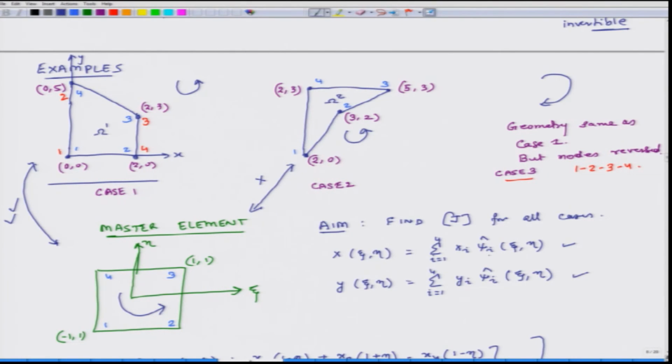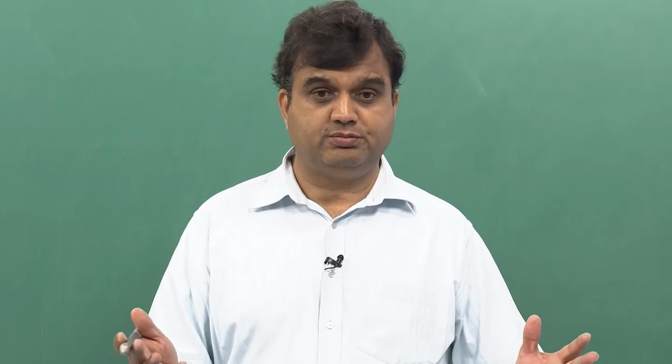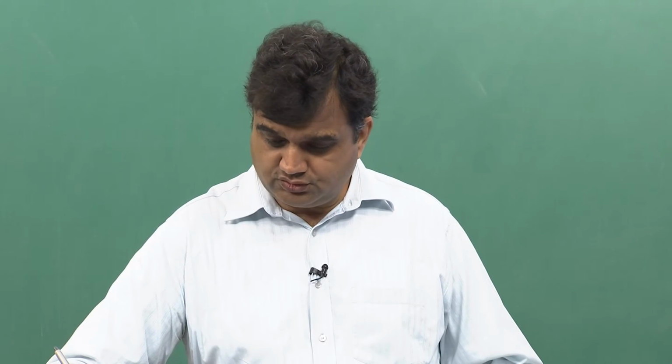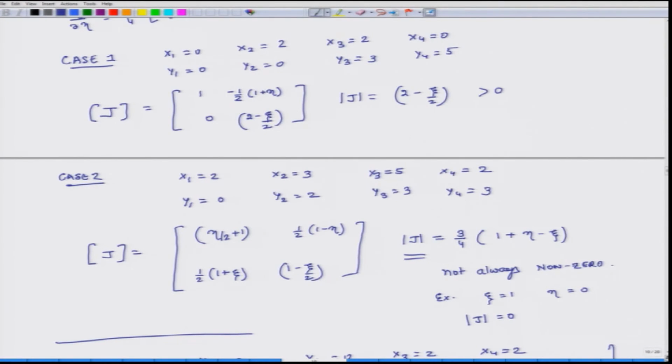If you are using anti-clockwise in your master element, in every element it has to be anti-clockwise. So, this is one. Case 3 we do not like, because when we have assembly there could be problems. Case 2 is the situation where the J matrix is not invertible.